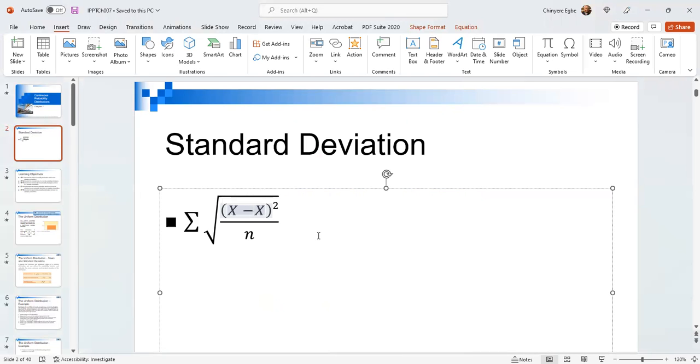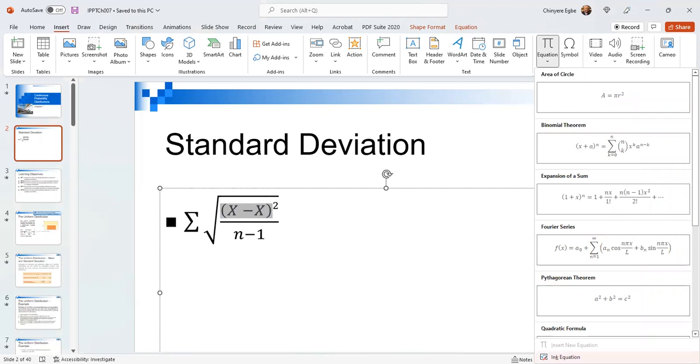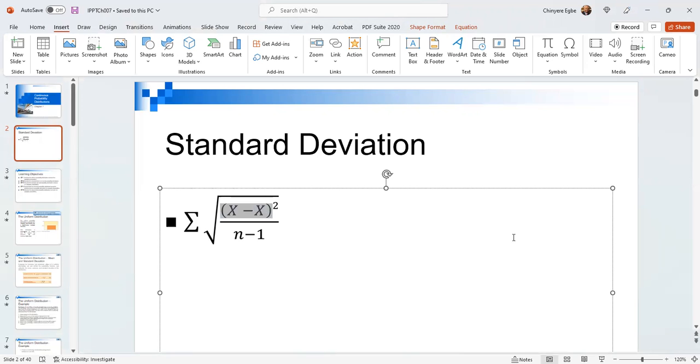Okay, this is x bar squared, and I need to... This should be an x bar. Okay, let's see how that's going to work. And this should be an x bar here, but this is the formula that you're going to use.